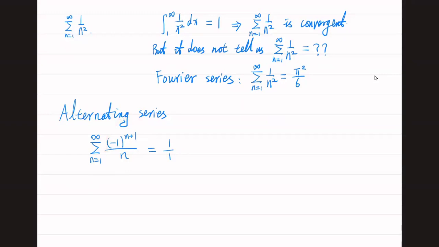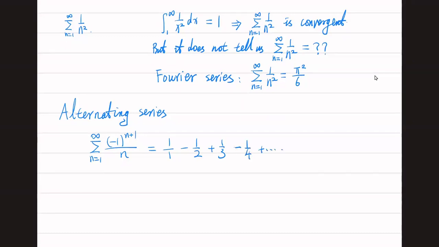Negative 1/2. Sophia, third entry. 1/3. And Elisa, fourth entry. Negative 1/4.